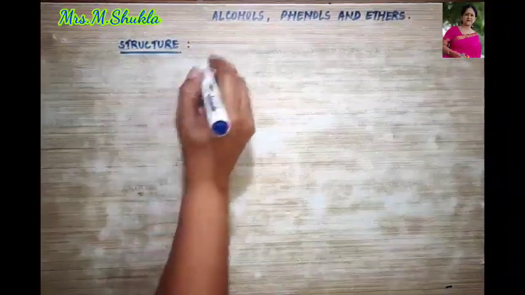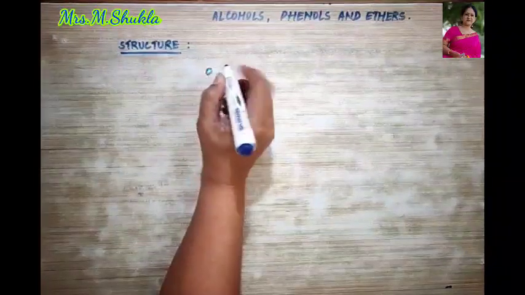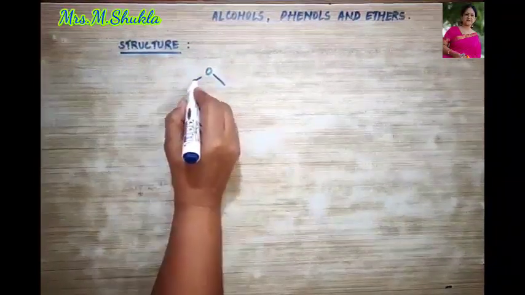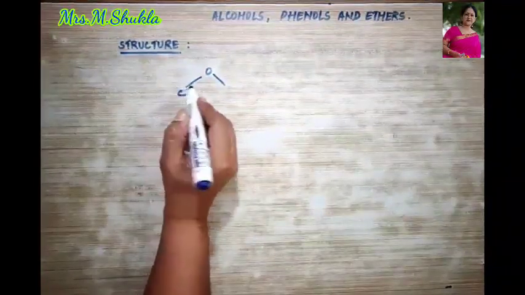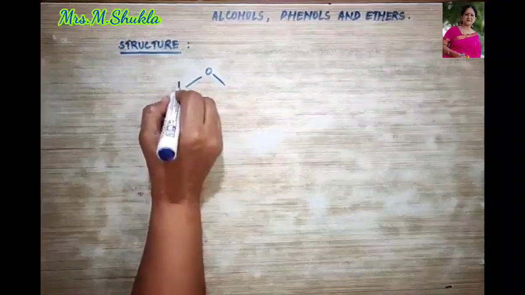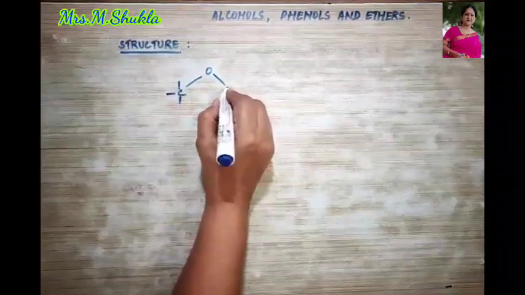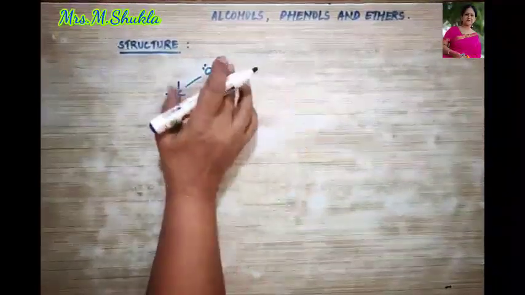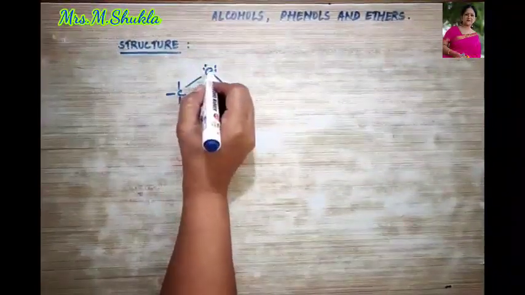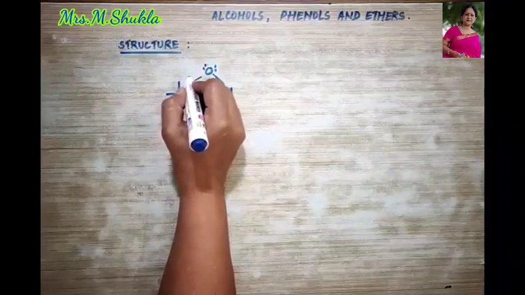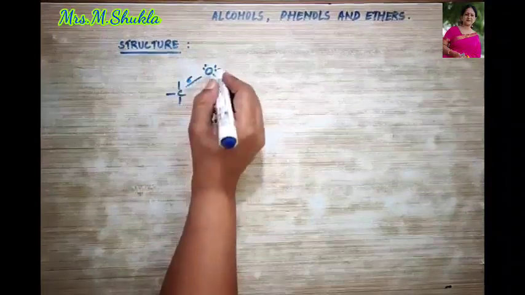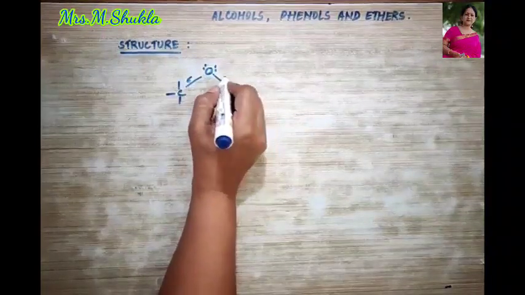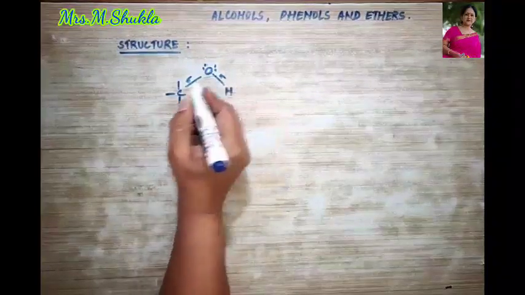So in alcohols, the oxygen of OH is attached to the carbon, and hydrogen, and it has a lone pair. Clear? Now this oxygen is attached to this carbon by a sigma bond, and to this hydrogen by a sigma bond.